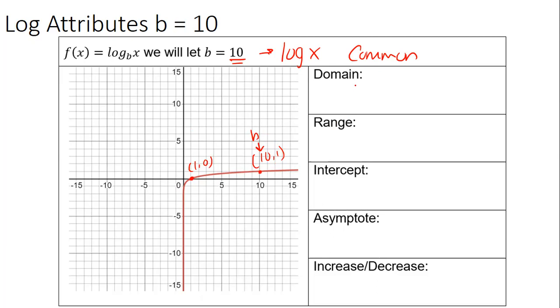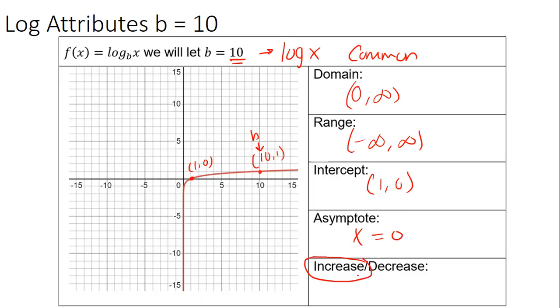Your domain is still 0 to infinity. Your range is still negative infinity to infinity. Your only intercept is still at 1, 0. Your imaginary boundary line, your asymptote, is still at x equals 0. And the graph is still doing what? Increasing. All that's going to change are the values after 1, 0.